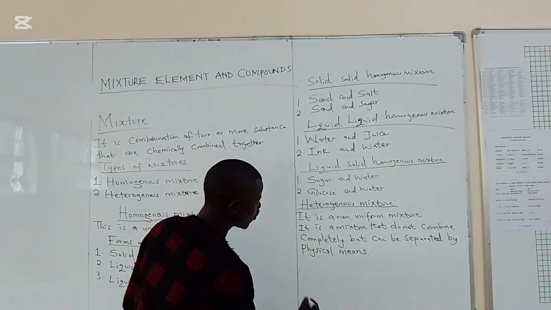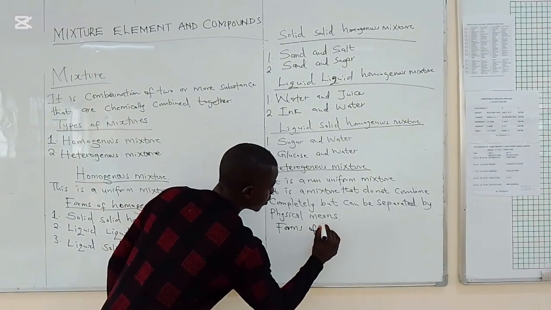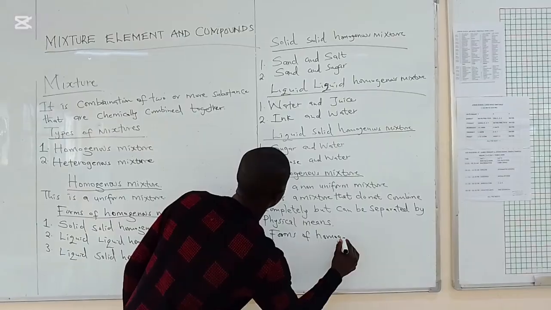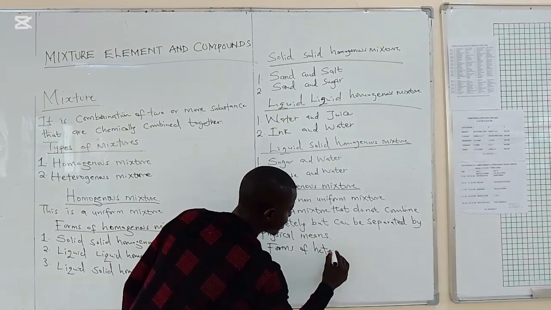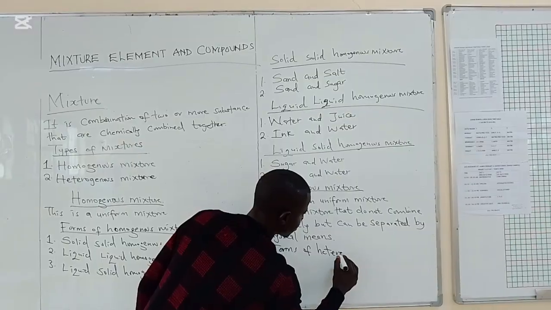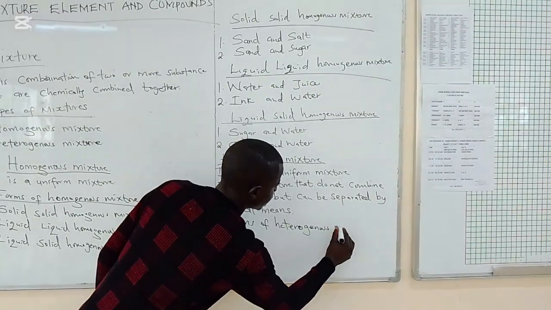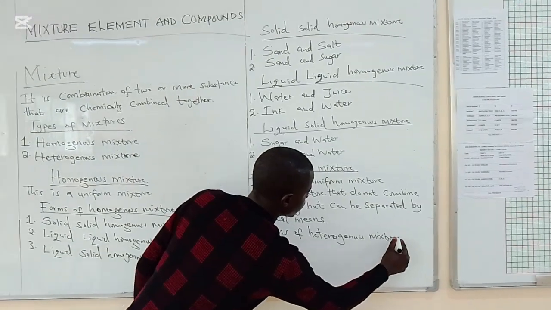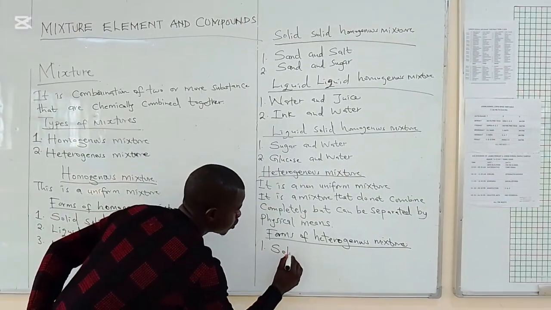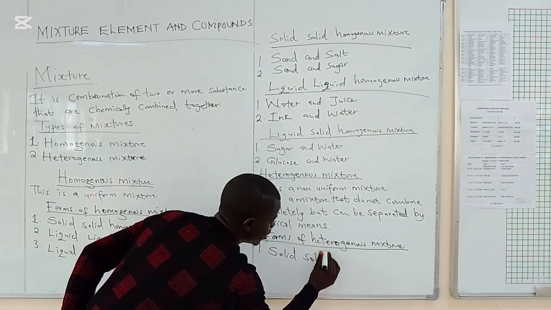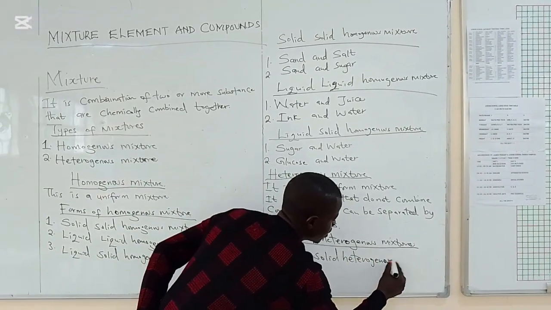So examples of forms of heterogeneous mixture. One, you're having solid heterogeneous mixture.